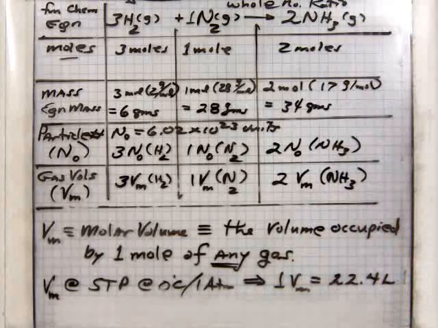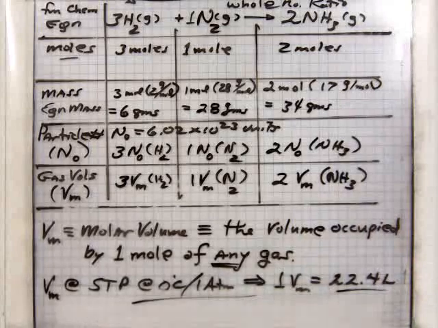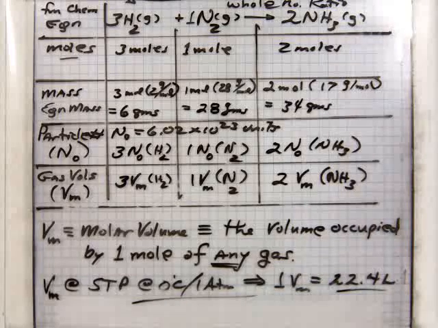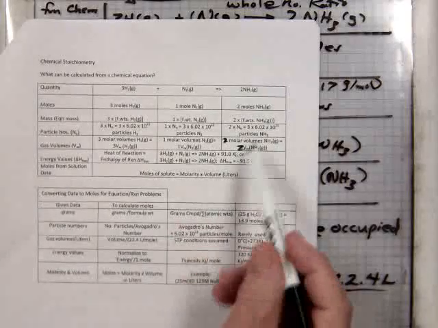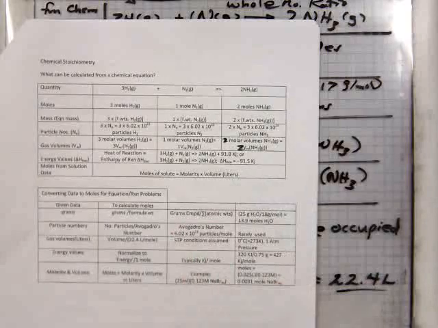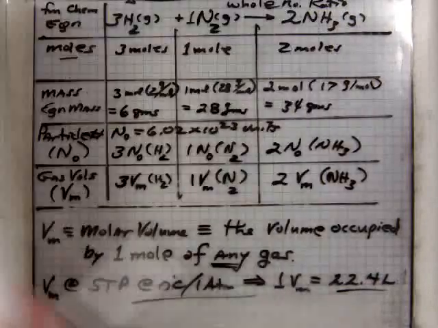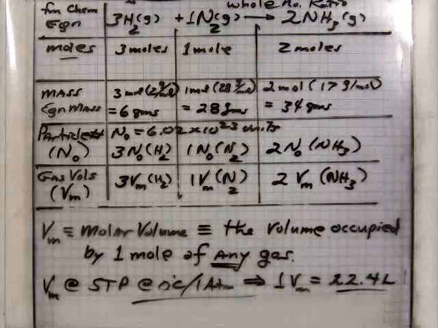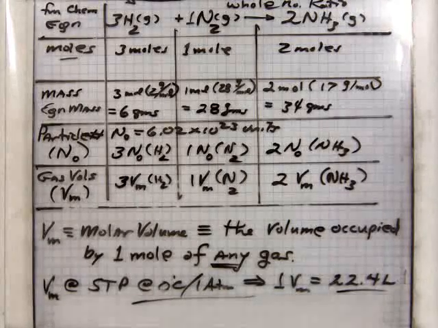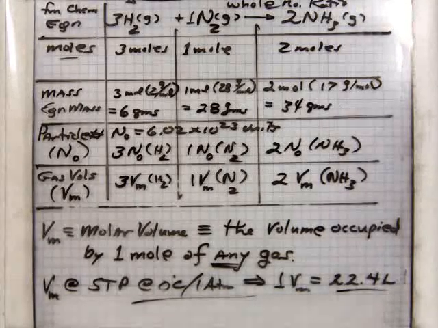And VM equals 22.4 if we're at 0 degrees and 1 atmosphere. If not, again, it has to be adjusted. Please correct it right here. Just a typo. I should have put 2 molar volumes in there. Mistake. Okay. Let's see where we are on this.